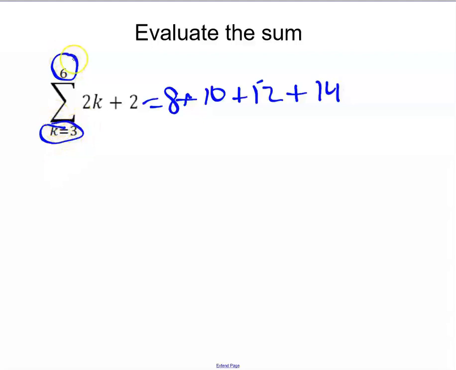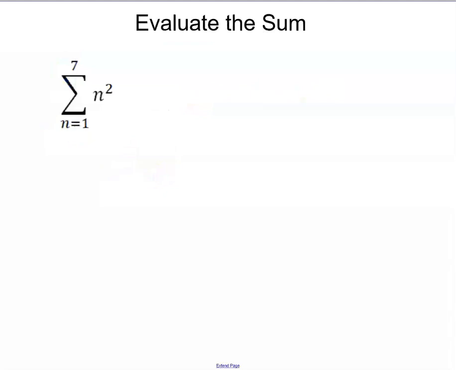The last number we plugged in was 6. And we plugged in all the numbers in between. And we're going to take the numbers that we got when we plugged those in, and we're going to add them together. That is what this notation means. So what we have here is 8 plus 10 is 18, plus 12 is 30, and 30 plus 14 is 44.